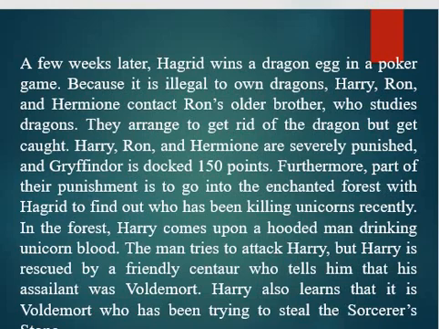In this forest, Harry comes upon a hooded man drinking unicorn blood. The man tries to attack Harry, but Harry is rescued by a friendly centaur who tells him that his assailant was Voldemort.